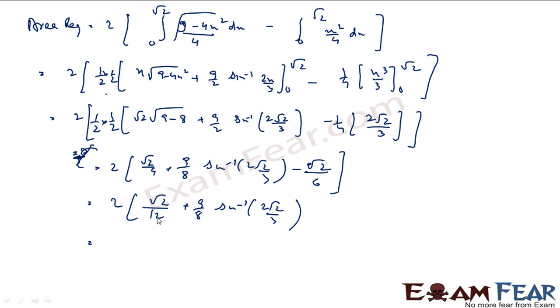You multiply with 2, what you get is root 2 by 6 plus 9 by 4 sine inverse 2 root 2 by 9, and that is my answer, correct?